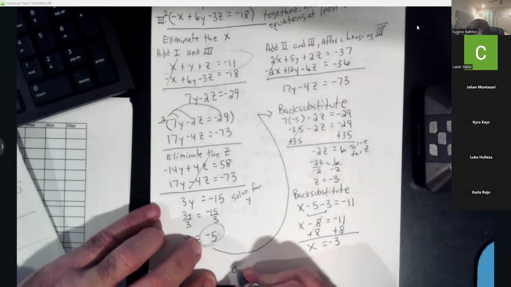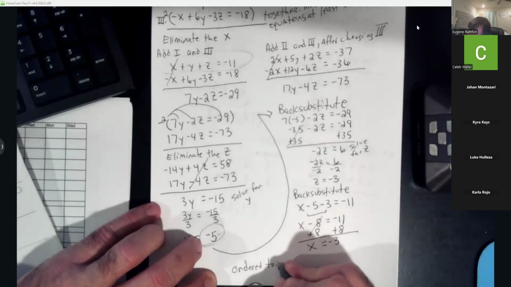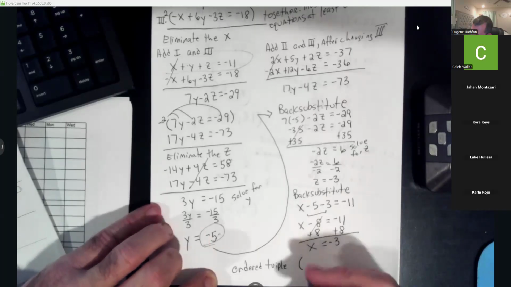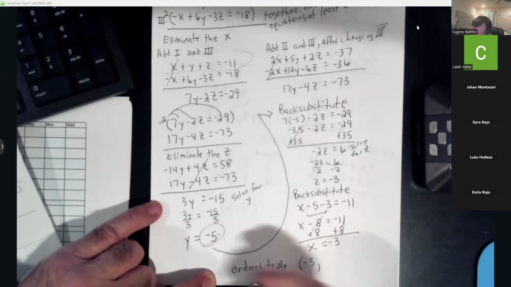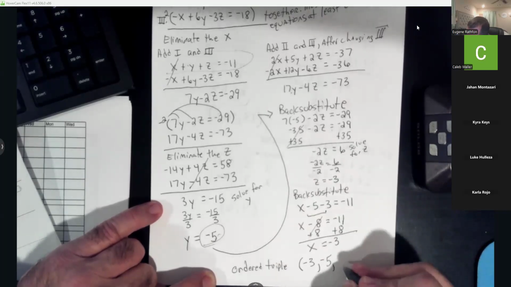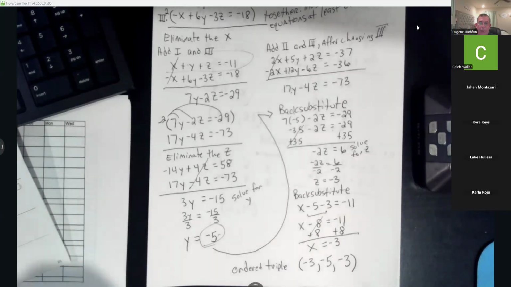These answers have to be written as an ordered triple. So that'll have your x, which is -3, your y, which is -5, and your z, which is -3.